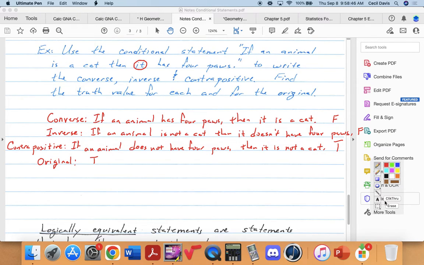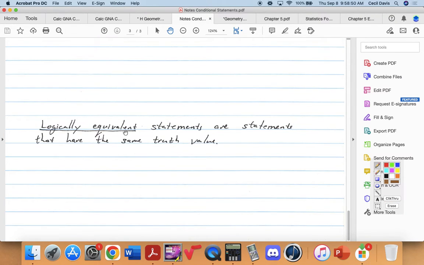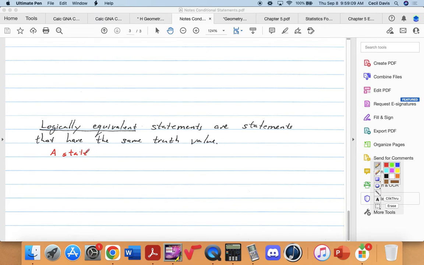So we call those sentences that have the same truth value logically equivalent. In other words, you can replace one sentence with the other one, and from a logic standpoint, from a truth standpoint, it means the same thing. So, as we said a moment ago, a statement and its contrapositive are logically equivalent.